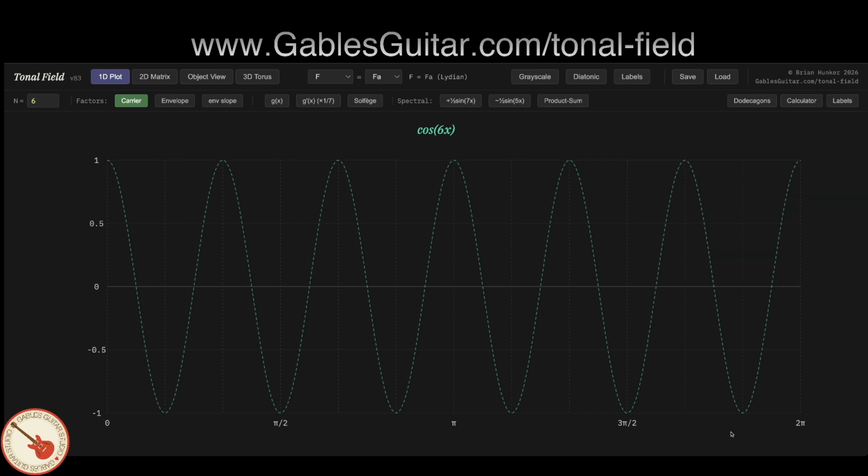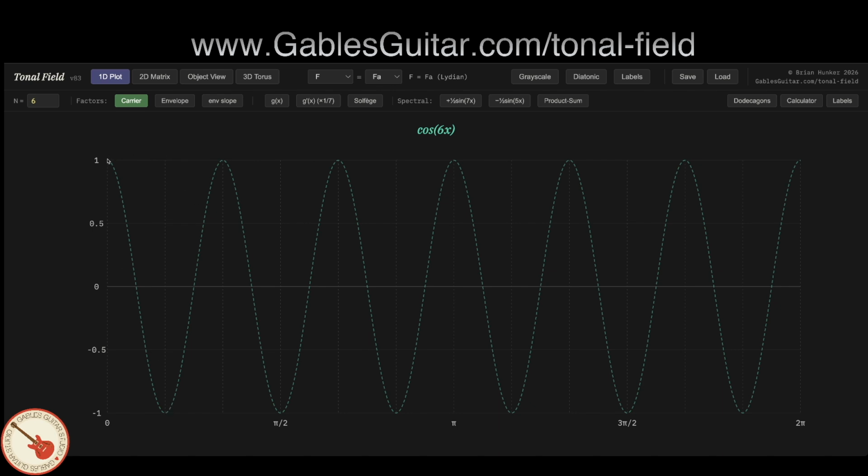If we take the 2 pi period to be our octave, this is similar to how 12-tet divides that octave into 12 equal spaces. And we can see that the cosine 6x completes its cycle 6 times over the course of the octave. And in between each of those, there's a negative peak.